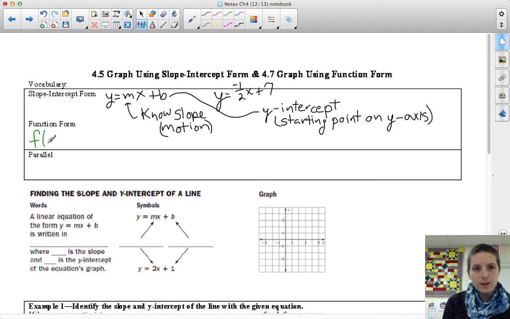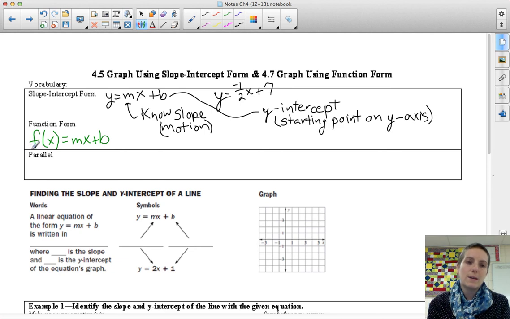It's f of x is equal to mx plus b. It's just a name, and it's just a different format for naming it. It allows us to talk about an ordered pair just a little bit differently. So this is a function, its name is f, and we use the variable x when we talk about it. And it's in the form mx plus b.